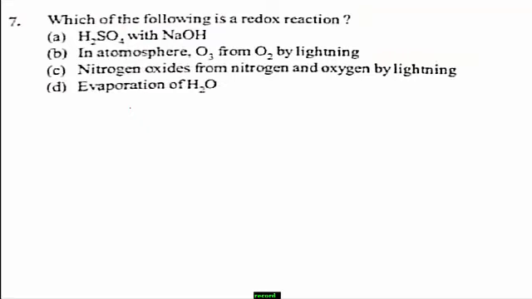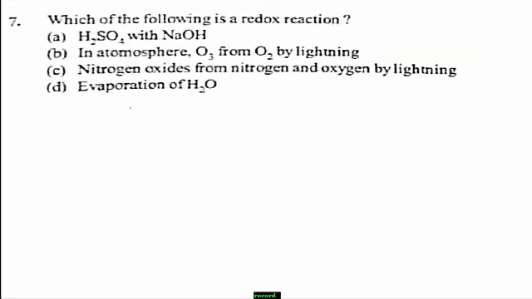Therefore, it is an example of acid-base neutralization. And in option B, in the atmosphere, ozone O3 is formed from O2 by lightning. Here the reaction is 3O2 gives 2O3. It changes one allotrope of oxygen to another. It is an allotropic formation.